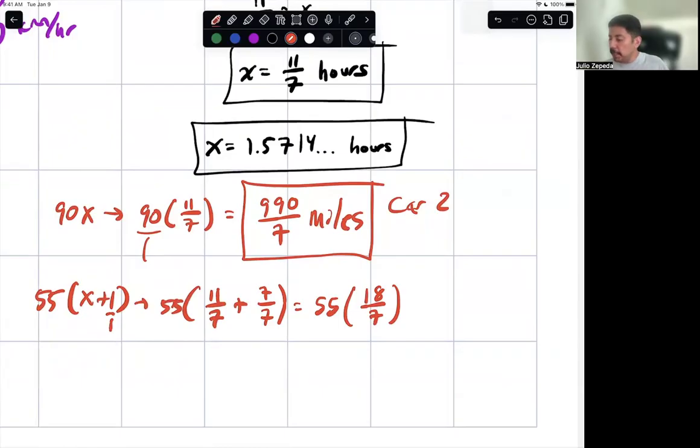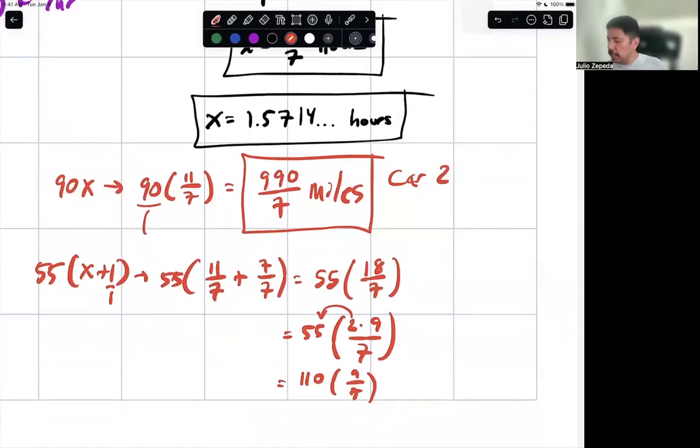Yes, because 55 times 18 is 55 times 2 times 9, and 55 times 2 is 110 times 9 over 7. We only multiply the 2 by the 55, not the 9. And so now you can see, well, 110 times 9 is 990 over 7.